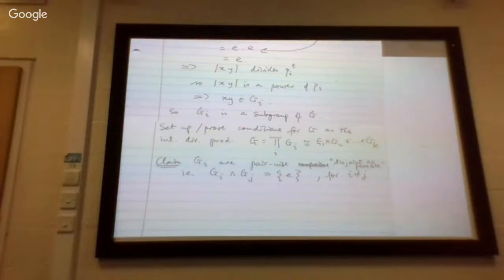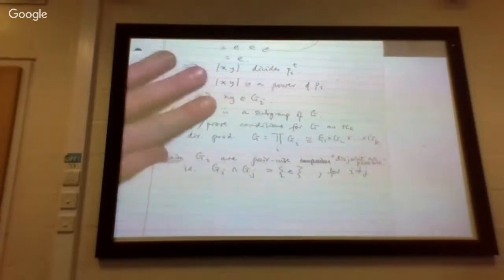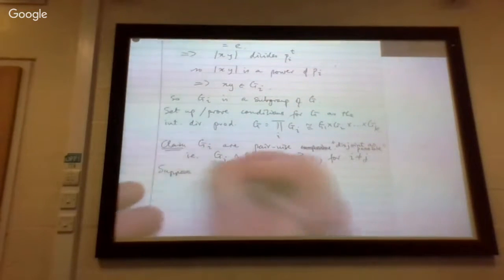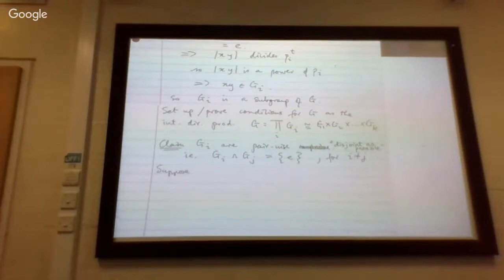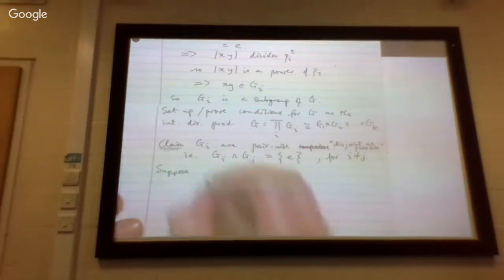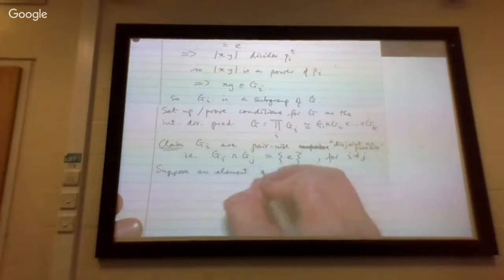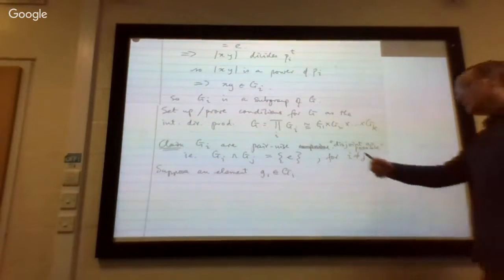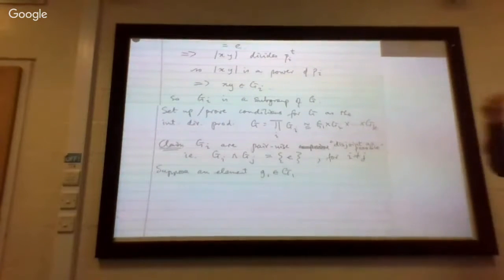So to understand what he's doing here, he's actually proving something slightly stronger. Suppose an element g1, so g1 is some element from the first primary component, so it's some element whose order is a power of p1.